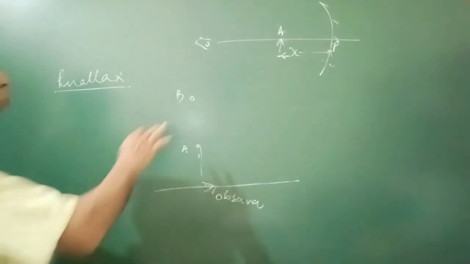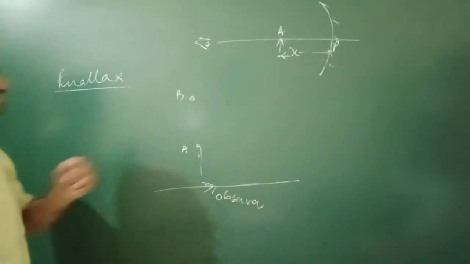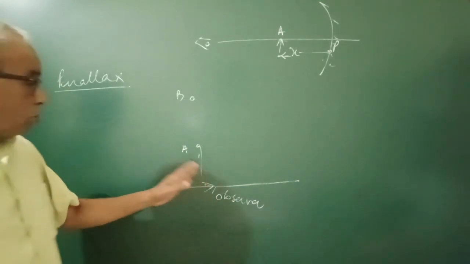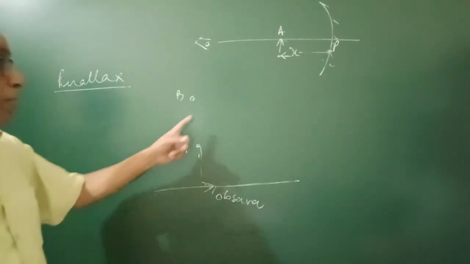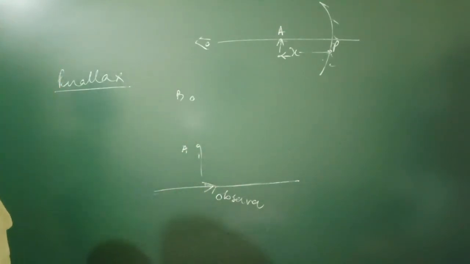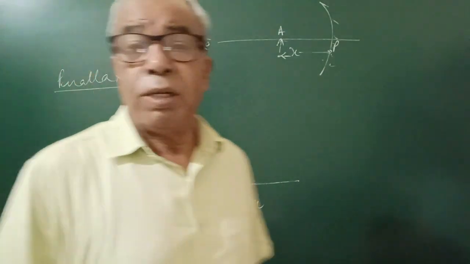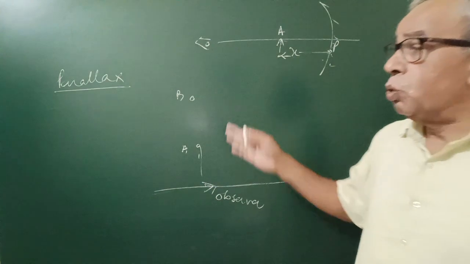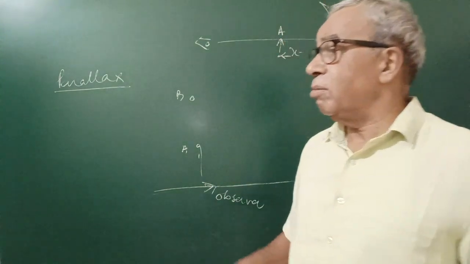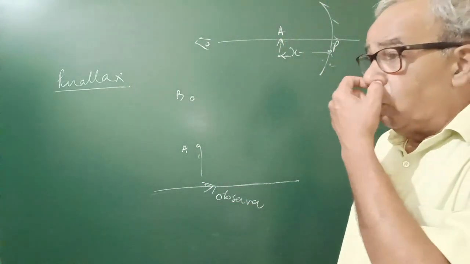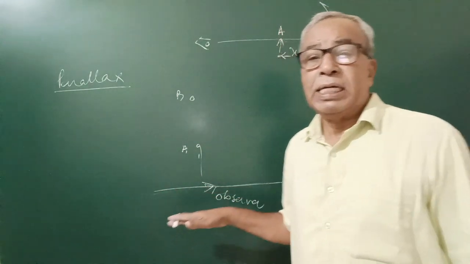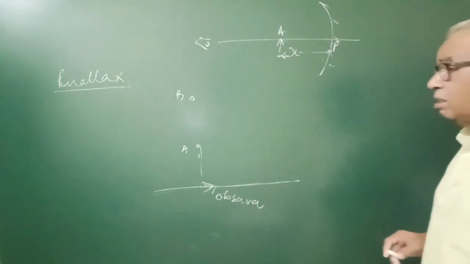Then these two objects, for the observer, appear to move with respect to each other. This relative motion between the two objects in the same direction, when viewed by the moving observer, is called parallax.